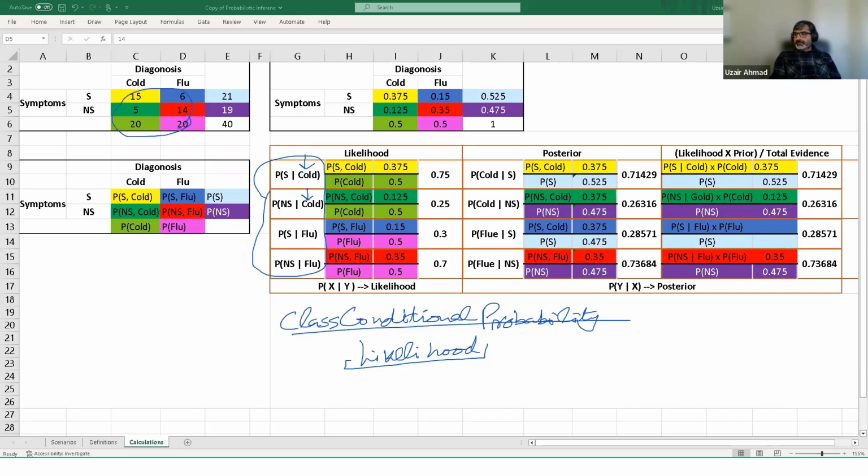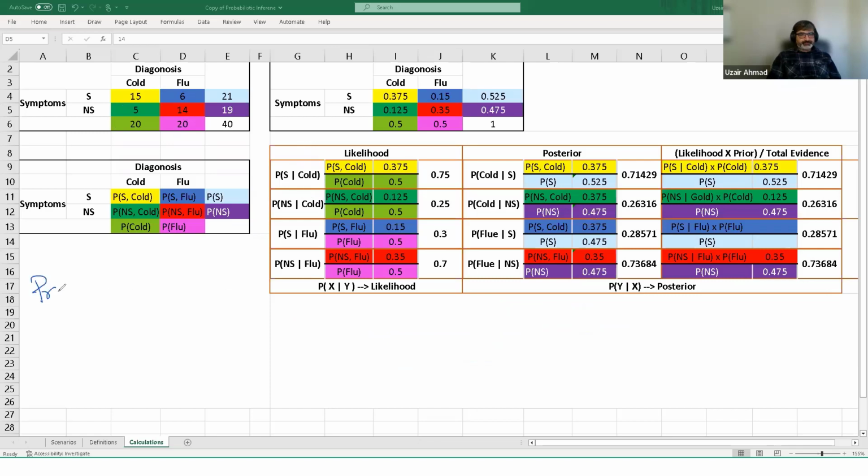So we have prior, we have joint. Sorry, I wrote prior instead of marginal. Let's call it marginal for now. I didn't introduce you to prior yet. Marginal probability, you know what it is.